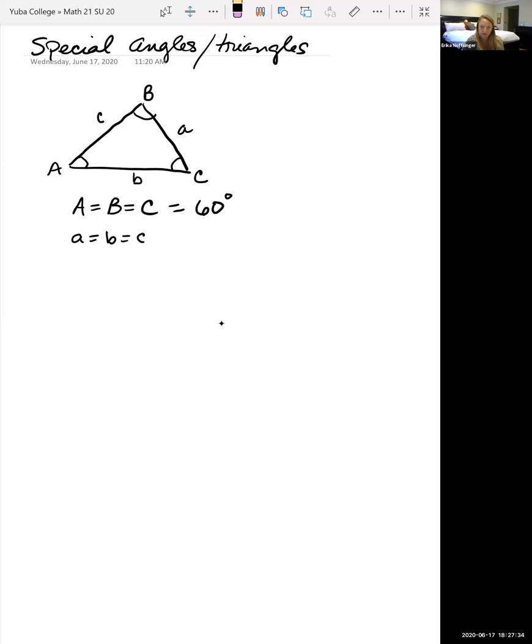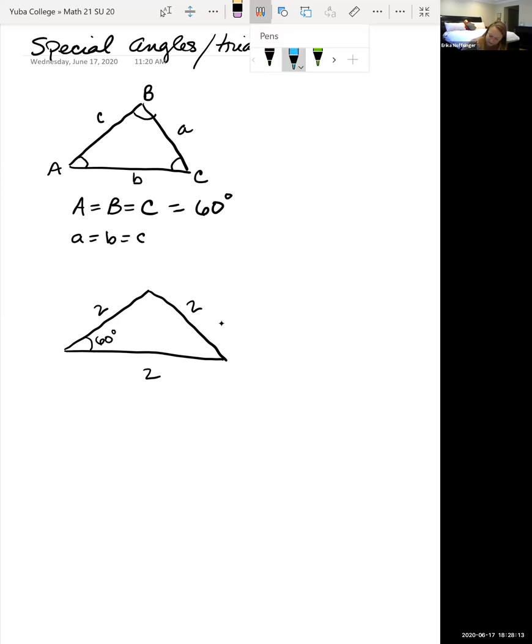Okay, but we've only been dealing with right triangles. So let's give this triangle a size. We saw at the beginning of class that the size of the sides of the triangle didn't really matter; it was more the angle. We talked about similar triangles. So this is 60 degrees. Let's say that this side was 2. They're equivalent, so this is 2 and this is 2. We're going to make this a right triangle by dividing this triangle in half.